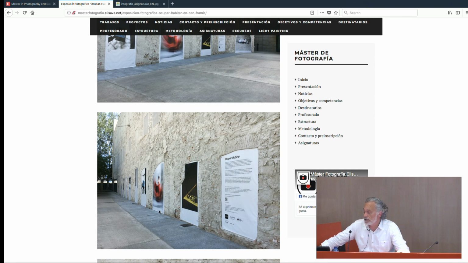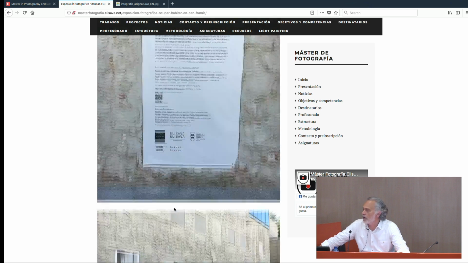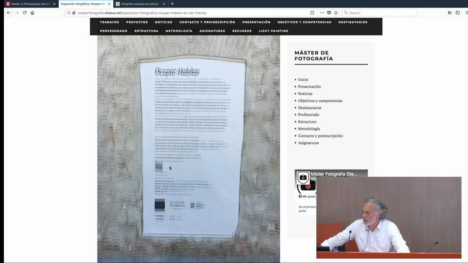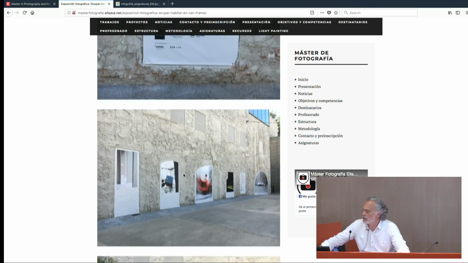The scale of these images is huge. This is probably 2.5 meters tall by 1.5 or so. And we always have a panel in which we explain what we have done, the names of all the artists, and the website that we always do for these projects.